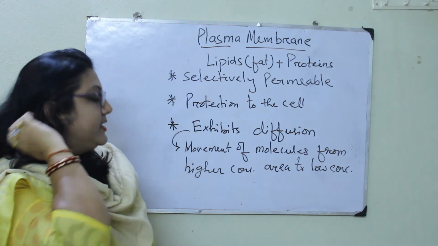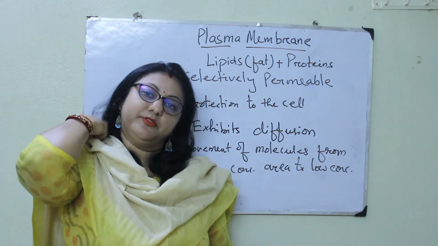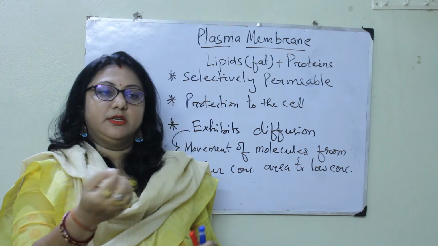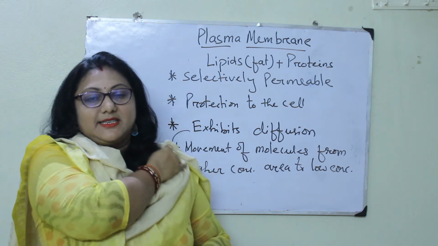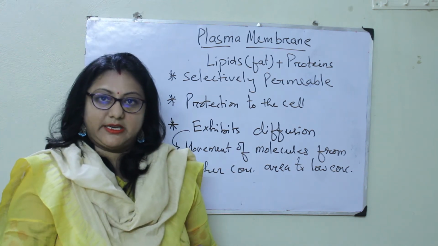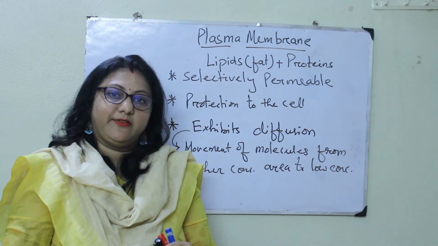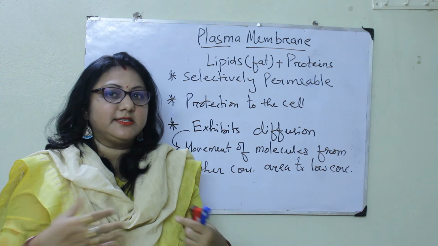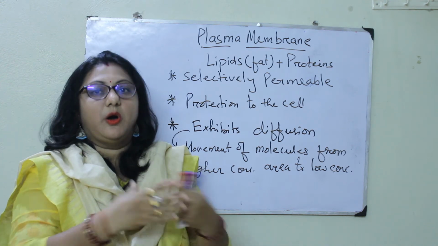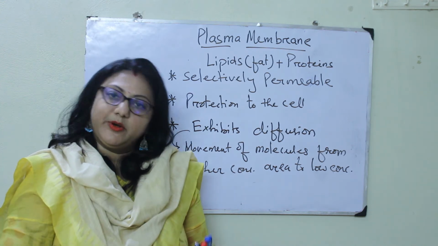Now, the simplest example of diffusion is when you light an incense stick, an agarbatti, in the house. Then what you will find is that if you have kept it in one place, the fragrance will move to the whole house. Clear? So how is it happening?